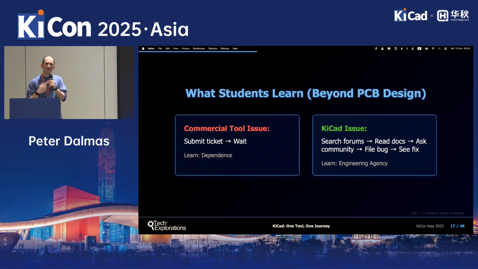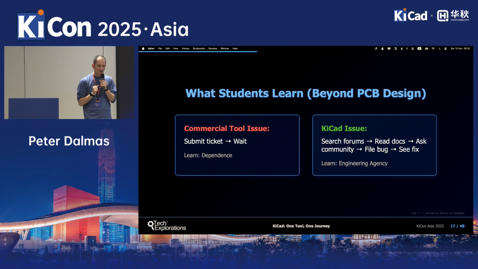But when I'm having an issue with KiCad, my brain works differently. I'm not sure if that's how you feel as well, but my brain works differently. I'm thinking, this is open source. Maybe it's something that I'm doing wrong, but there's a good possibility that there's something that's broken in KiCad itself. Or maybe it's an edge case.